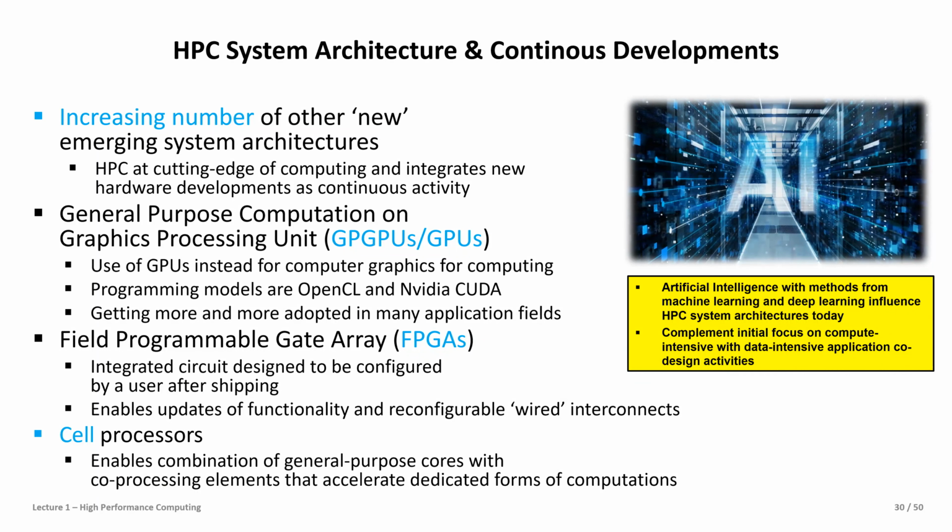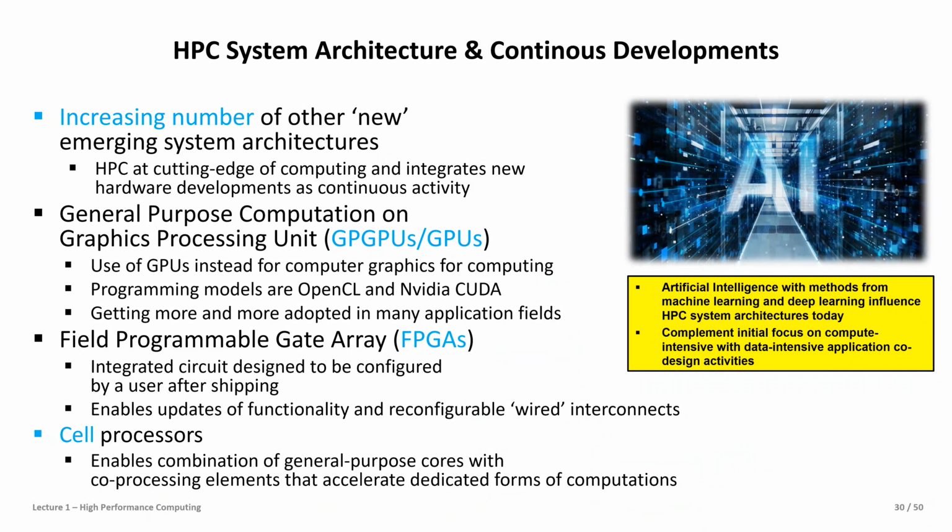But we should mention one of the continuous developments here. Many of you probably know the GPU from the gaming industry, long before HPC made use of it. But this is something we call new emergent system parts. And it was not only GPUs for HPC; there were also field programmable gate arrays, FPGAs, which are specific integrated circuits, a little bit harder to program, but enabling quite nice speed with wired interconnects and so forth.